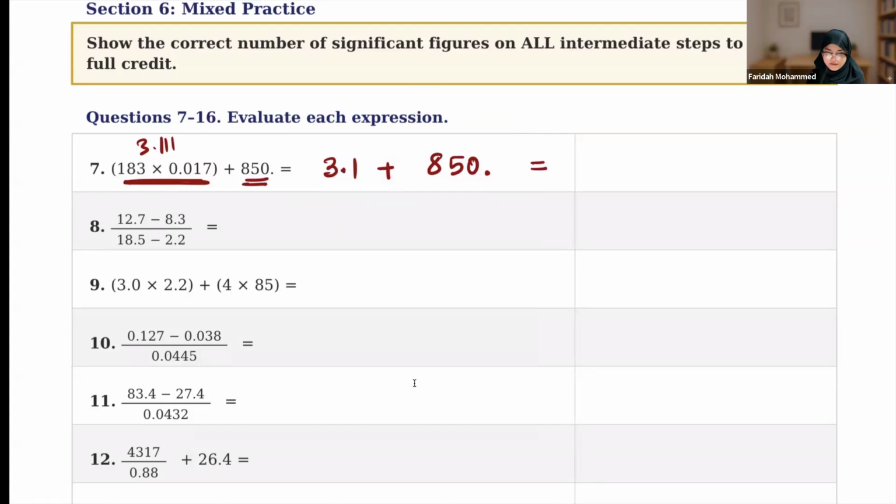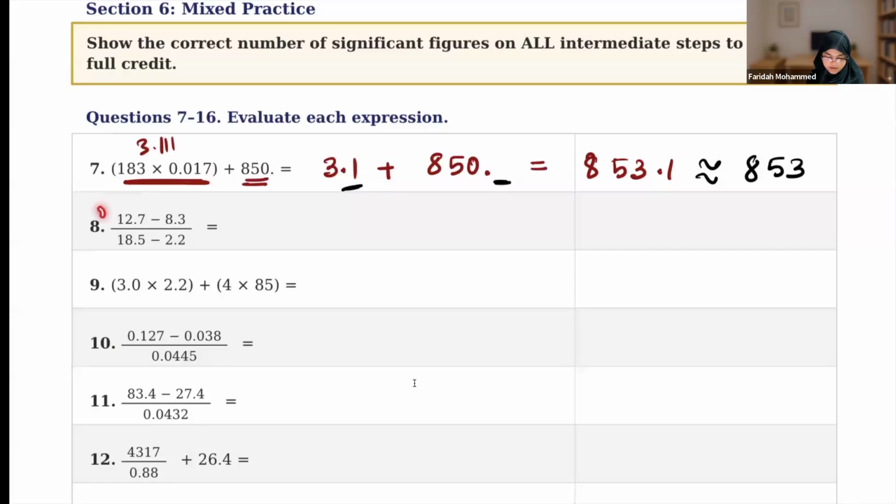That gives you what? 853. It should be 853.1, but because this one has no decimal place and this one has 1, your answer would be rounded off to 853. Do you guys see it? You have to do it step by step, okay?